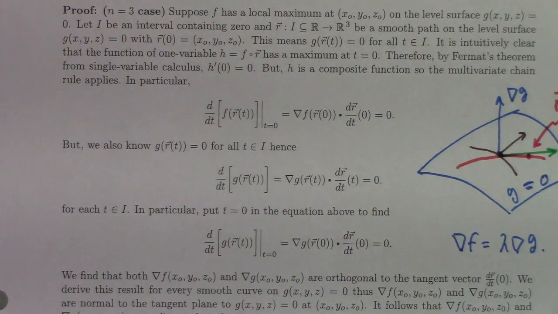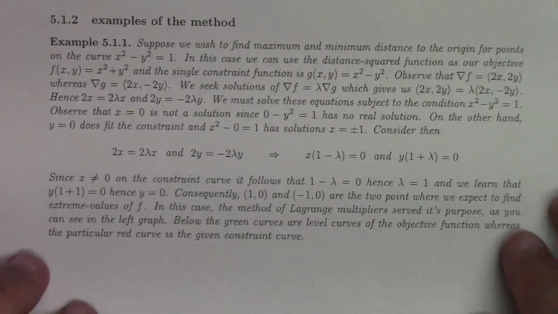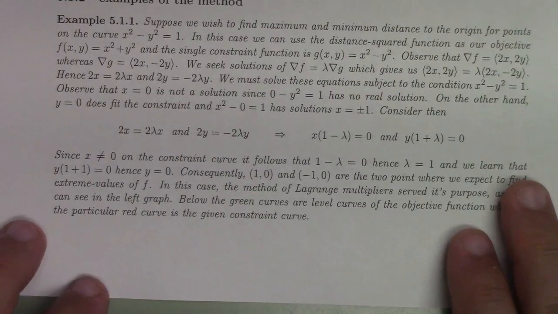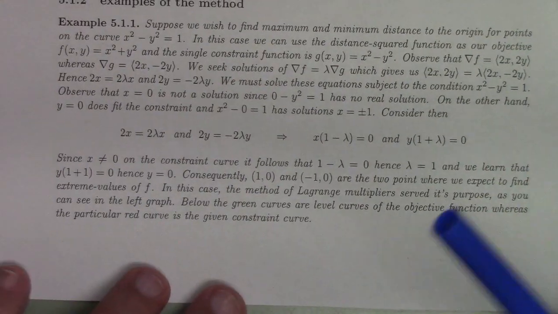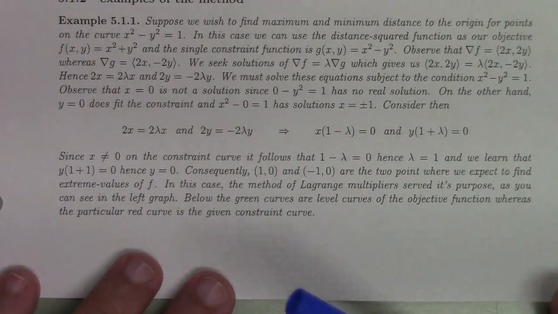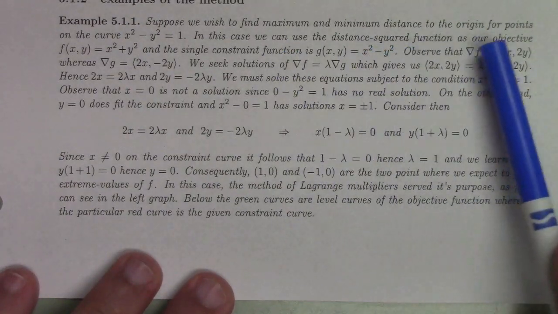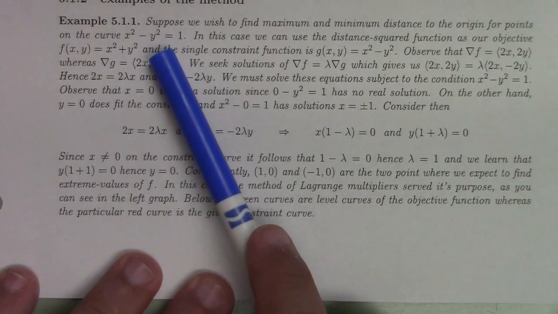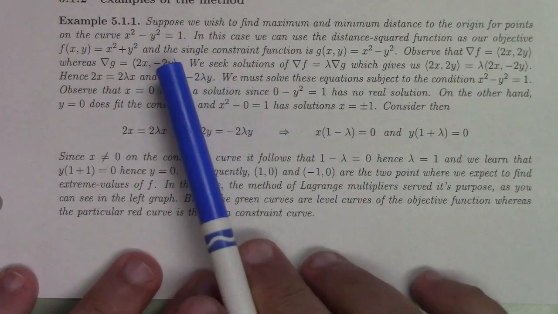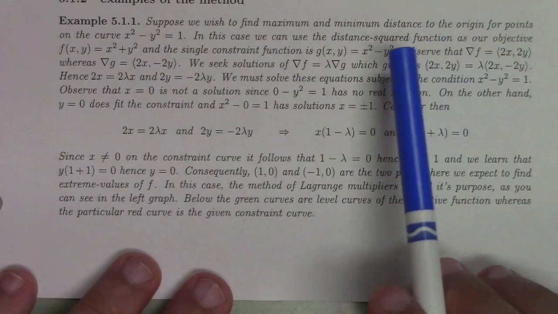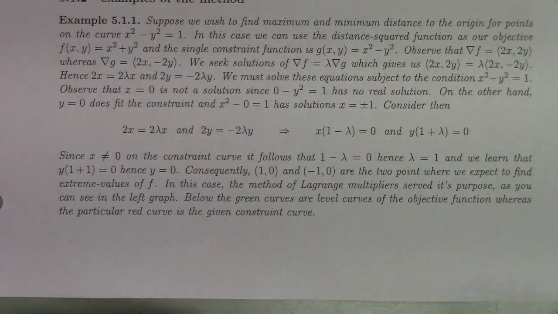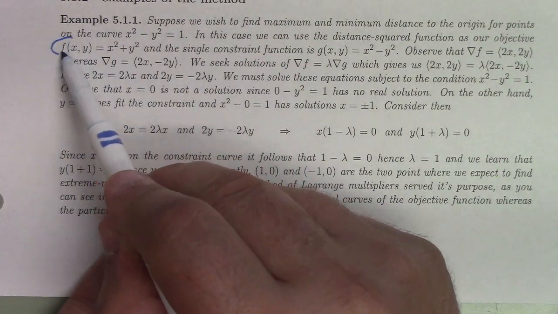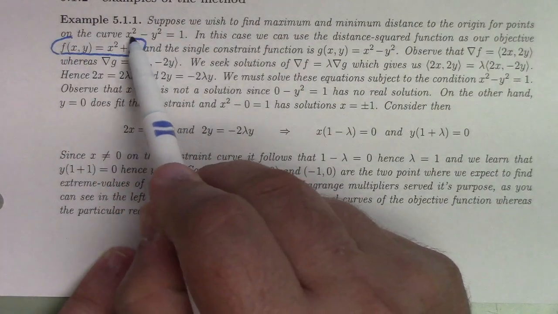Let's see how it works. So here's some examples. Suppose I want to find the maximum and minimum distance to the origin for points on the curve x squared minus y squared equals 1. My objective is to make the distance from the origin small. So my objective function I let be f of x, y equal to x squared plus y squared.